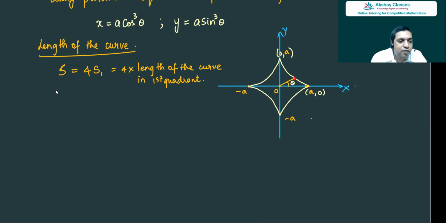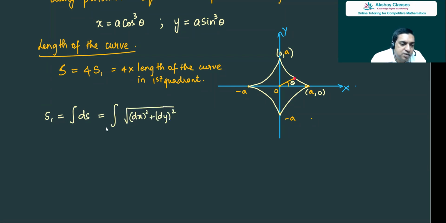So in parametric form, S1 itself is integral ds, which is integral under root of dx square plus dy square, which is integral under root of dx by d theta whole square plus dy by d theta whole square, because our parameter is in terms of theta.